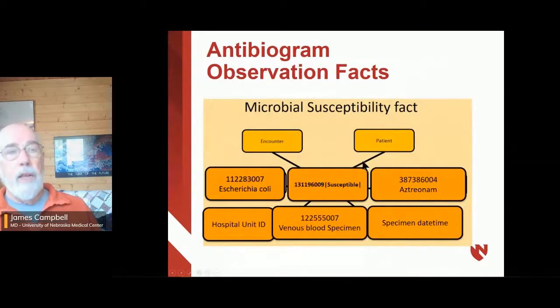This particular test happened to be done on a venous blood specimen so that the clinician can basically query by the types of tests, or I should say what is being tested, as well as where the test was, or where the specimen was actually obtained. All of these are important to the epidemiology, if you will, of building that antibiogram for the clinician use.